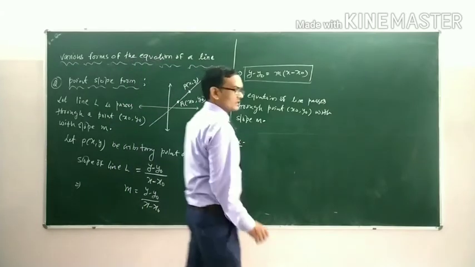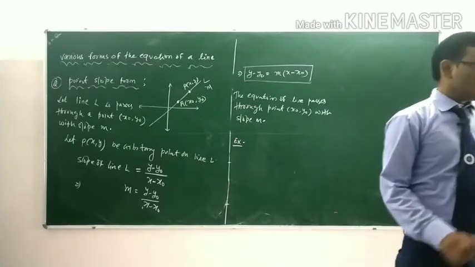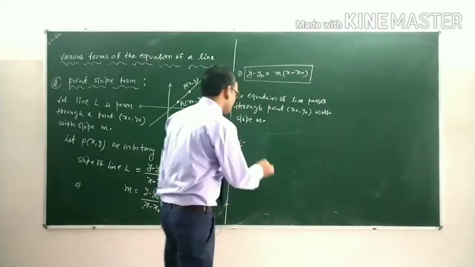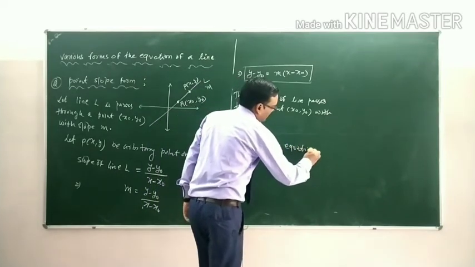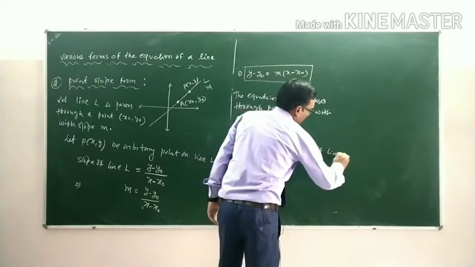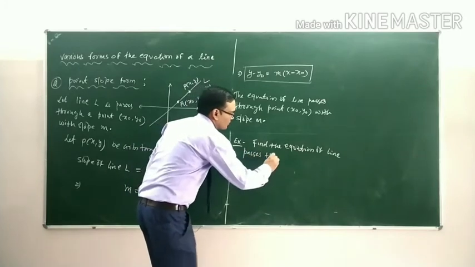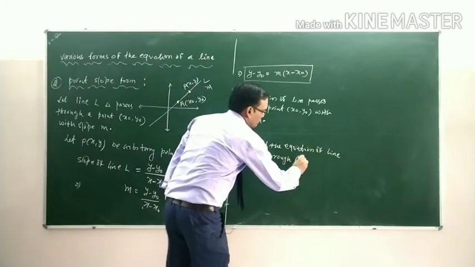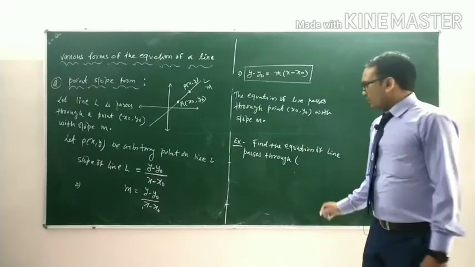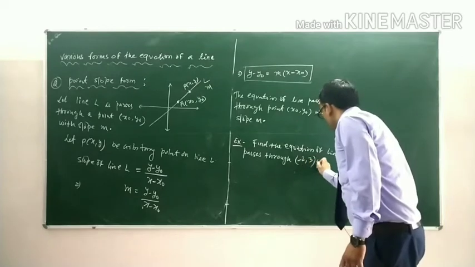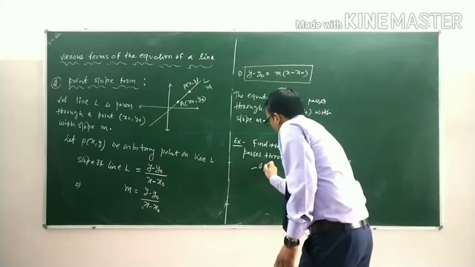Example number 7: find the equation of the line passing through minus 2, 3 with a slope of minus 4.